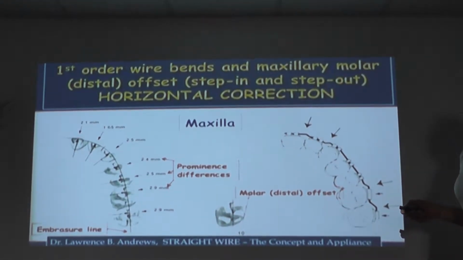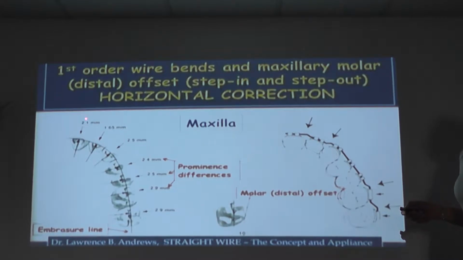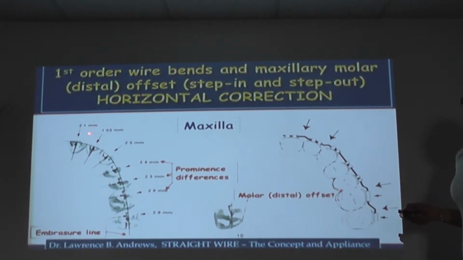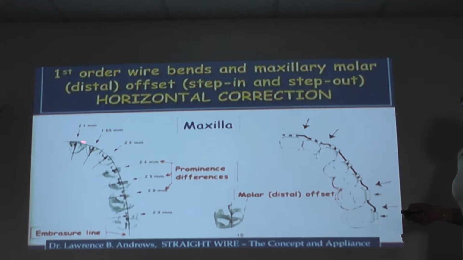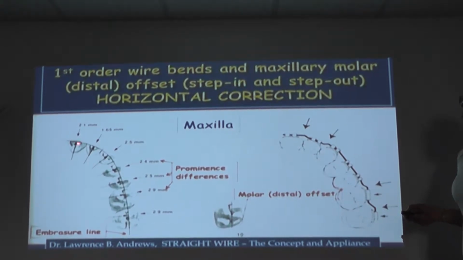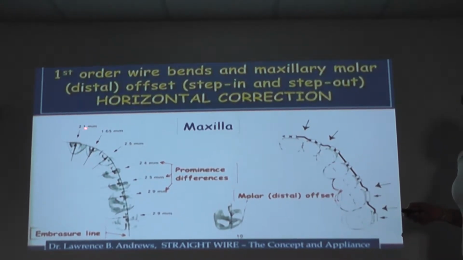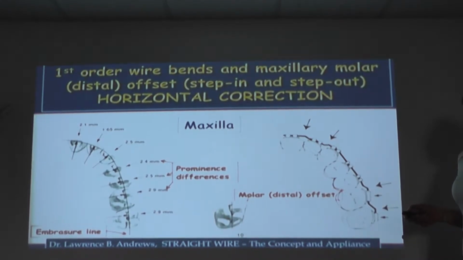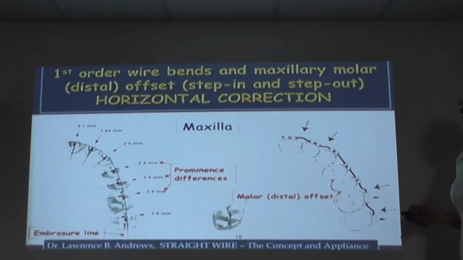And he found that central incisors has a crown which is 2.1 millimeter from embrasure line.